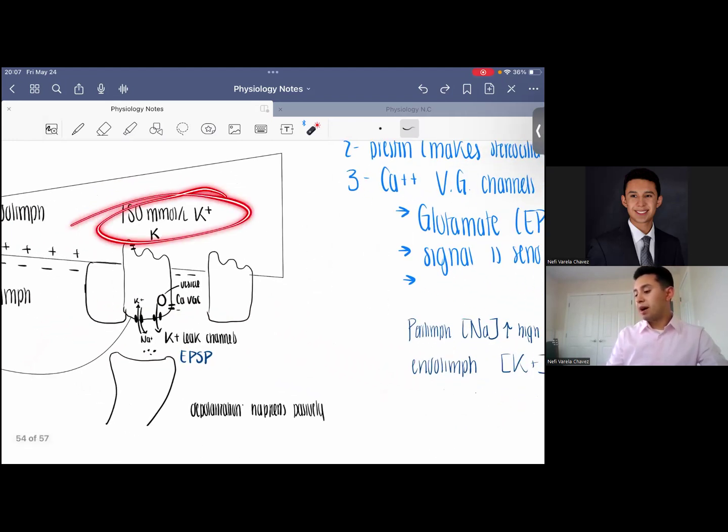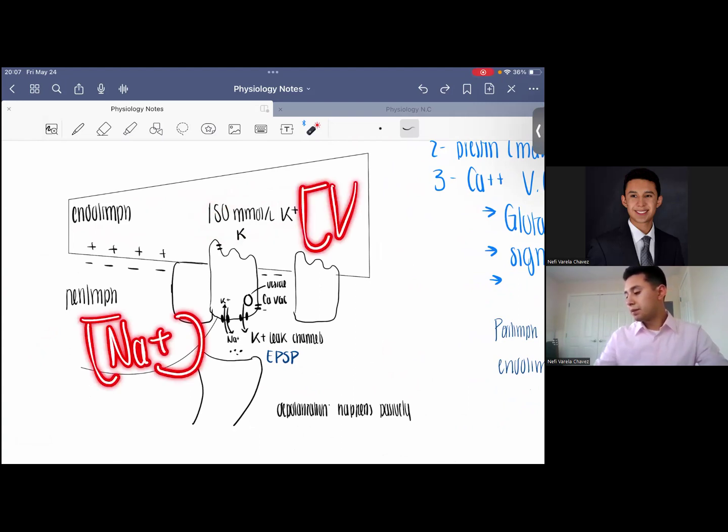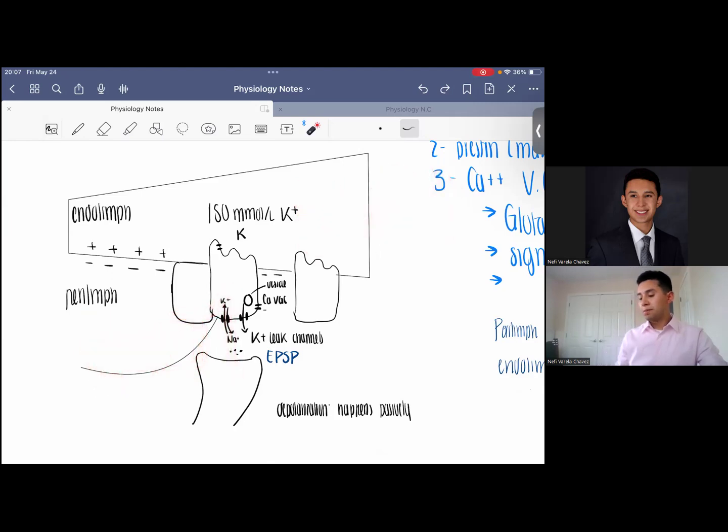So I'm seeing that we have a high concentration of potassium here, and we're going to have a low concentration in the perilymph. We're going to have a higher concentration of sodium, okay? High, high. So, as you know, we're going to need an active process to take potassium inside so that it can be used.